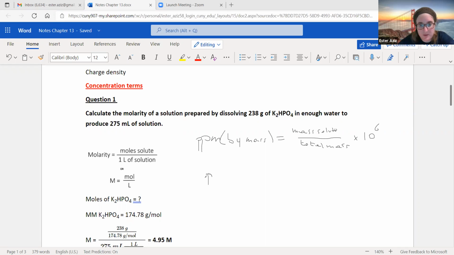And parts per billion by mass would be the exact same thing times 10 to the 9th power. Okay? So these are the main definitions.